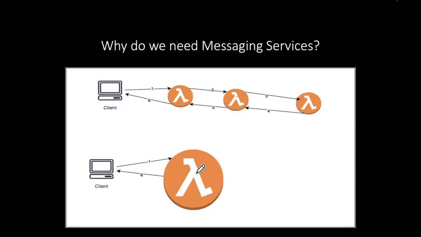So how can we break up this Lambda such that the processing that can be done asynchronously can be removed from it? And that means now that this Lambda can respond quicker back to the client. And so there is less latency from the client's point of view, latency being the time between the request being issued and the response coming back. And it's that issue of latency that we're trying to tackle here.